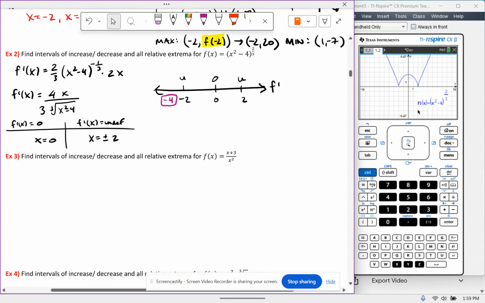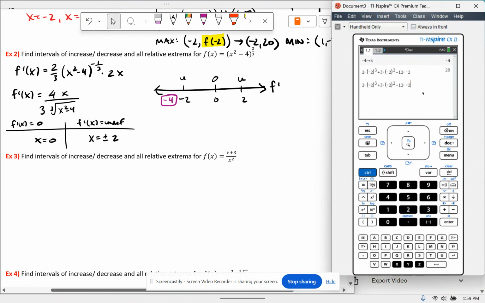Okay, so if we typed in a -4, let's go ahead and set up our little, we're going to store a -4. And then we're going to test that in our first derivative. That was demoralizing, okay. All right, what is the interval here?